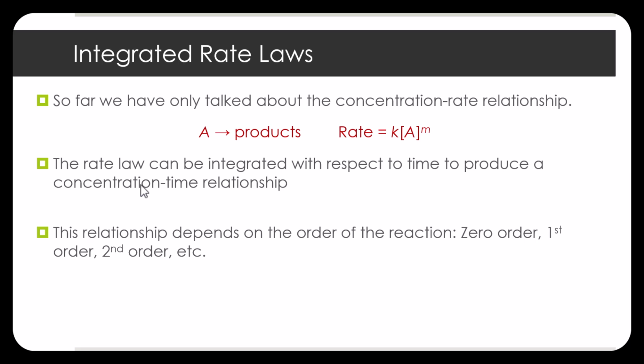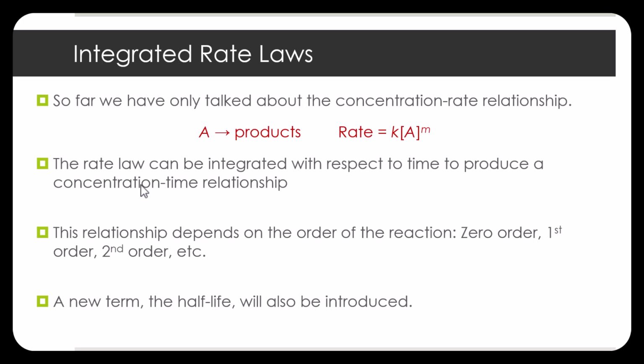Each of those three is going to have its own integrated formula, so you'll need to know this is a first order, this is a second order, in order to know which equation to use. And then the last thing that we're going to introduce in this section of the chapter is this idea of half-lives. You may have experienced half-lives in other classes, but we're going to experience it from the viewpoint of integrated rate laws and kinetics.